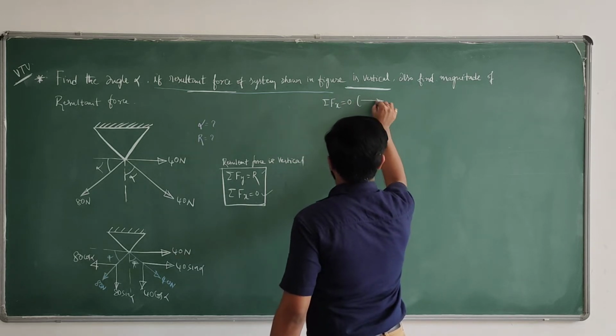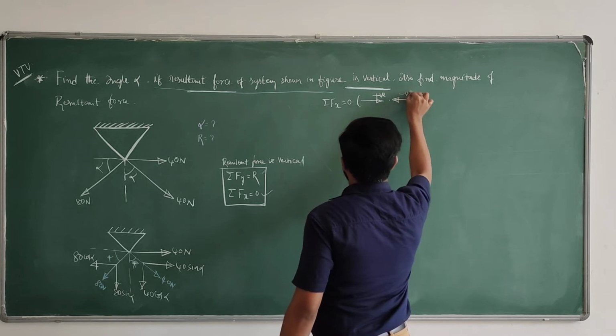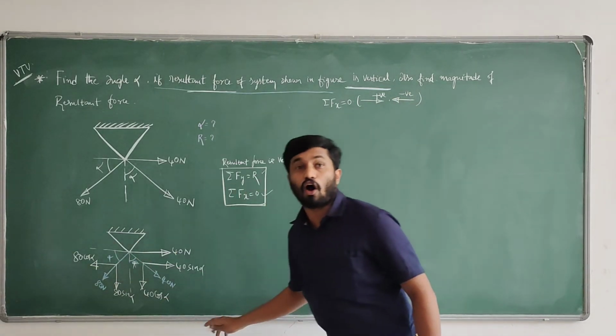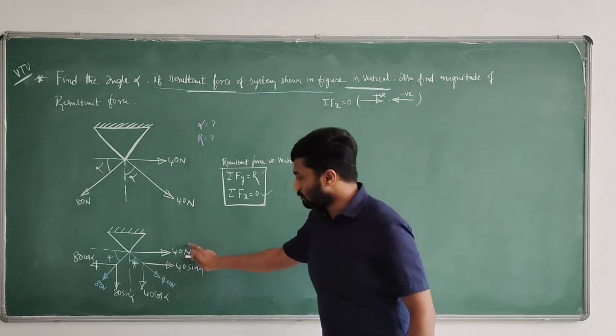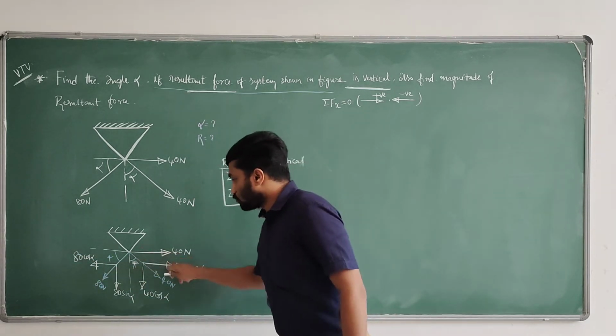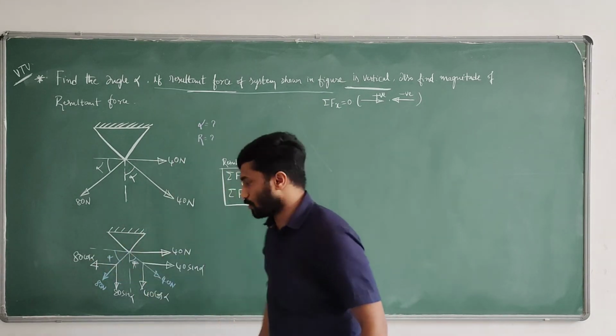Use the sign convention: all right side forces are positive, all left side forces are negative. Observe how many horizontal forces are in the given system: 1, 2, 3. Of the 3, two act to the right, positive, and one acts to the left, negative.